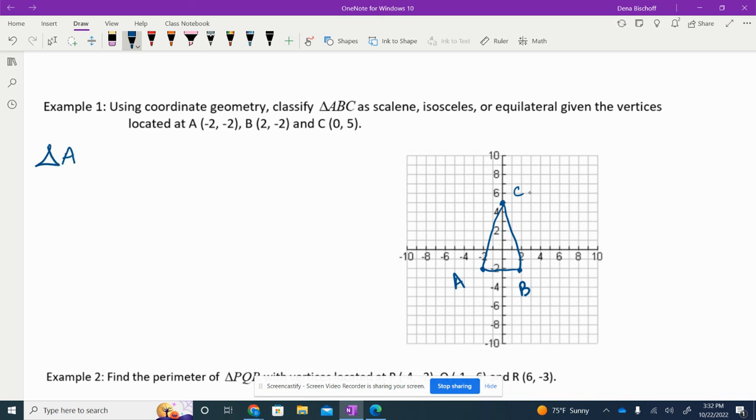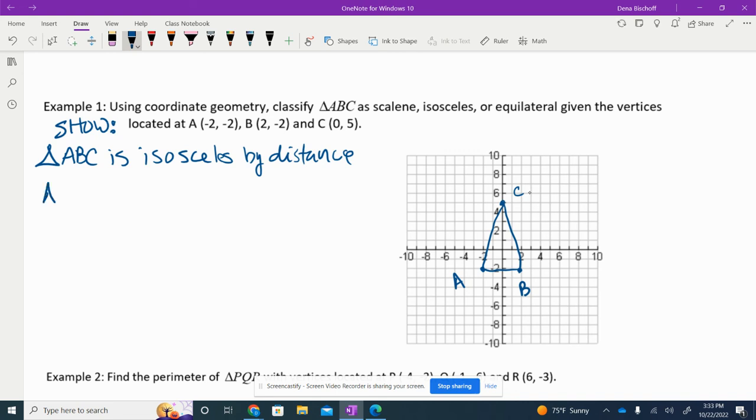So triangle ABC is isosceles by distance. That's what we're going to show, by using the distance formula.